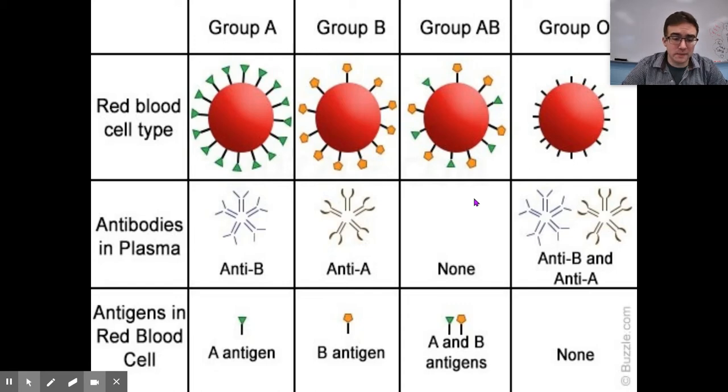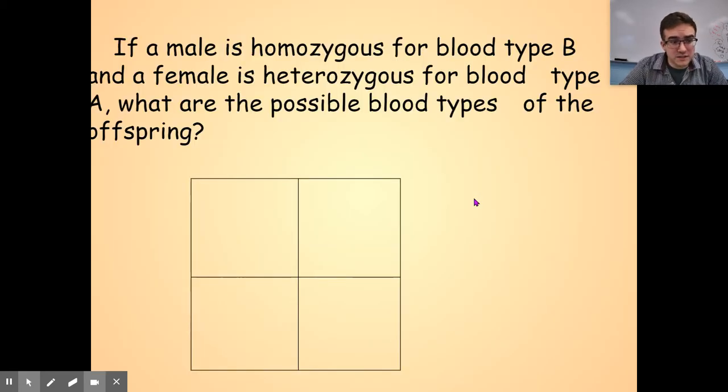So let's work through some blood typing problems. It says if a male is homozygous for blood type B and a female is heterozygous for blood type A, what are the possible blood types of the offspring? So if we were to work through that, I'll use red here.